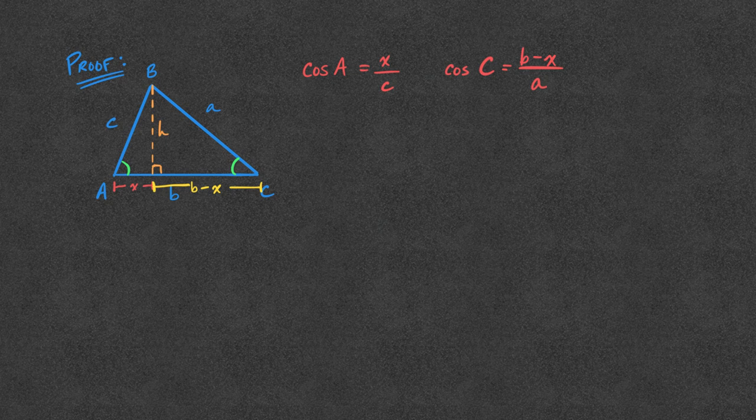I could then say that my one side, x squared, plus my other side, h squared, has to give me my hypotenuse squared, c squared. There is a Pythagorean relationship on the left right triangle. I could do the same thing on the right triangle. I know that (b minus x) squared plus my h squared has to give me my a squared.